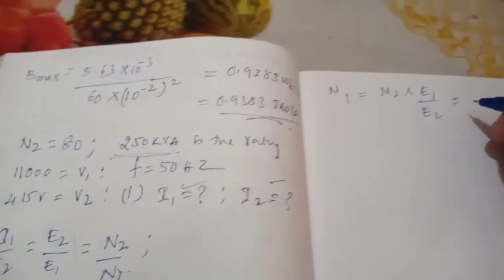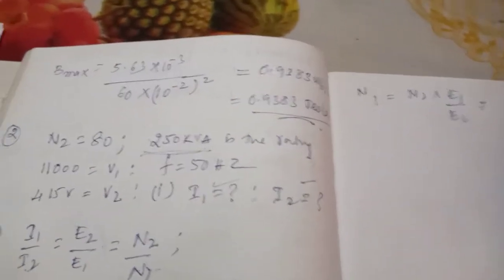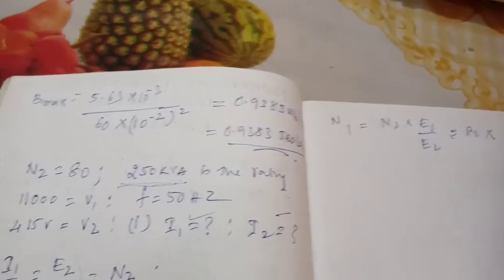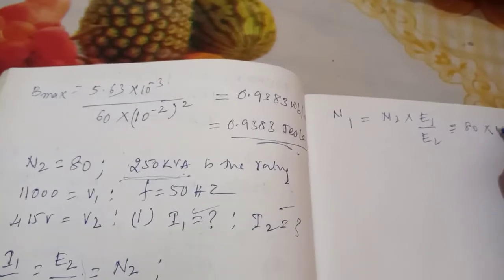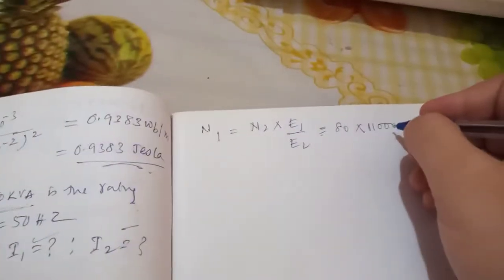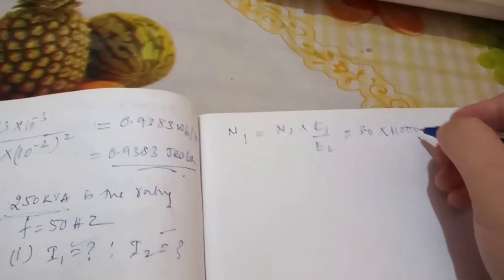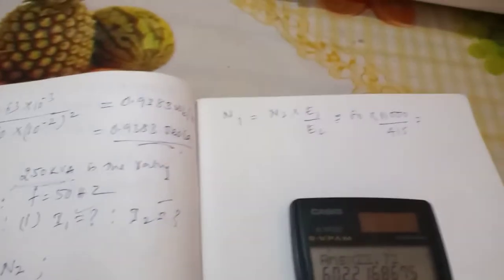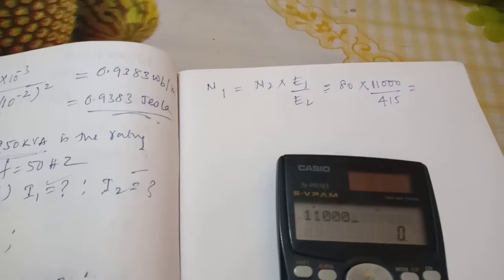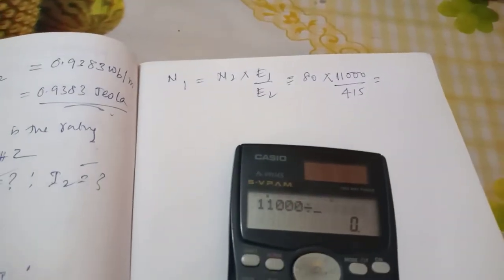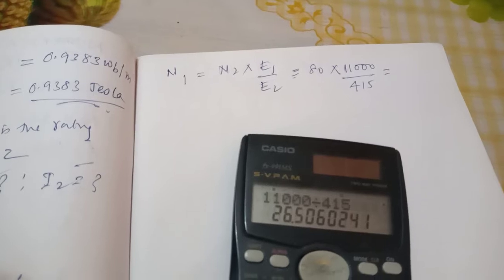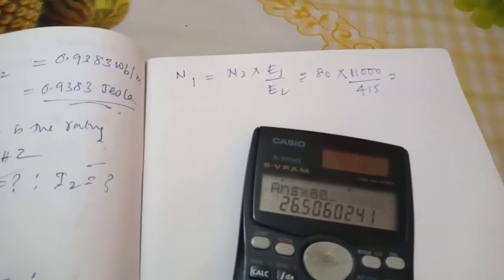So again the same thing. What is N2 they have given? N2 is equal to 80 turns into 11,000 by 415. How much will it come? 11,000 divided by 415 comes around 26.5, into 80.